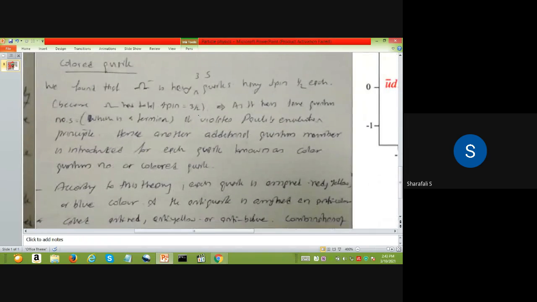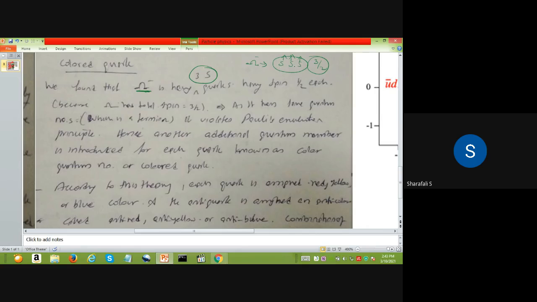Now, as we discussed earlier, consider the omega minus particle, which is made up of three strange quarks. We already discussed that it has 3 s quarks, and these 3 s quarks should have spin up because omega minus has a total spin of 3 by 2.